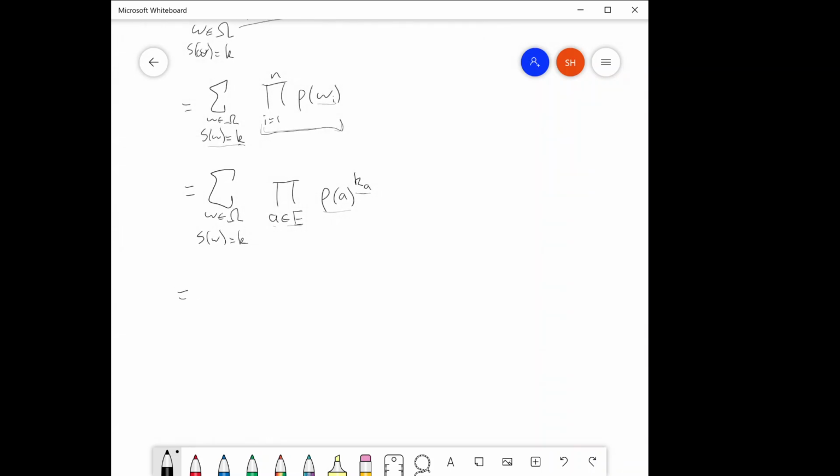So this is just equal to the number of elements, since this part is constant and we're just adding up a constant a certain number of times. This is the same as the size of the set of omega in Omega such that S of omega equals k, times this product.